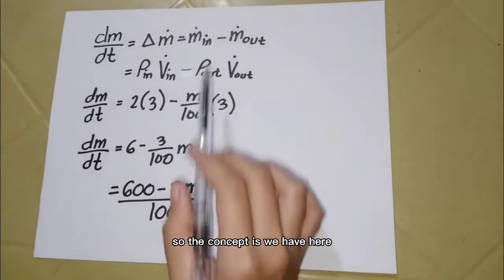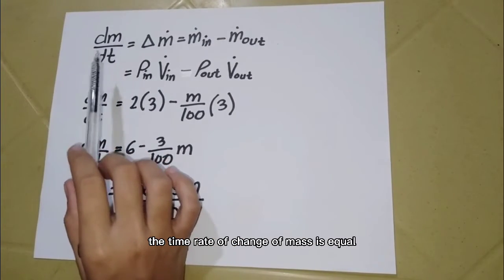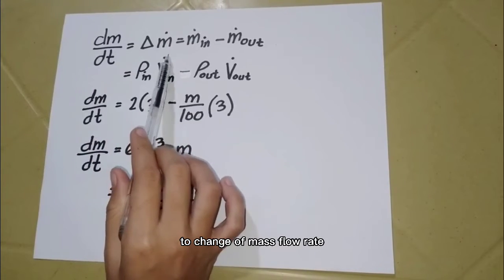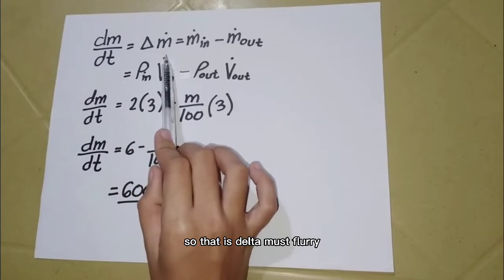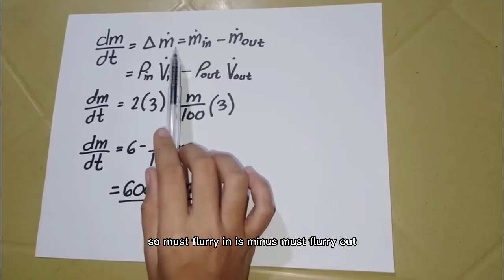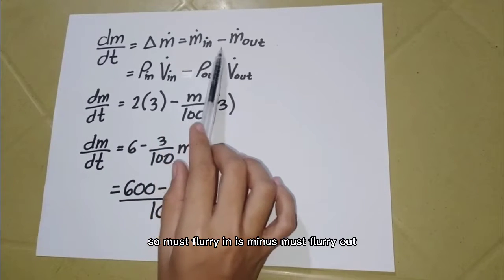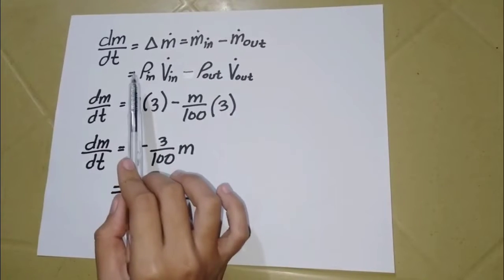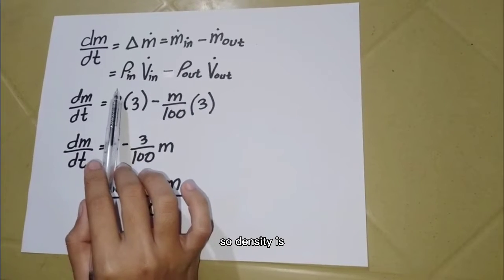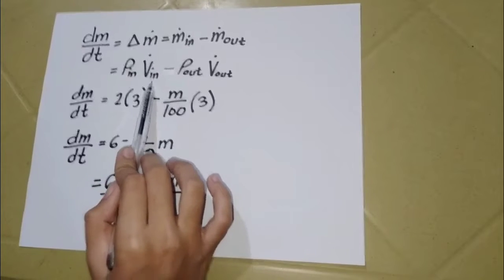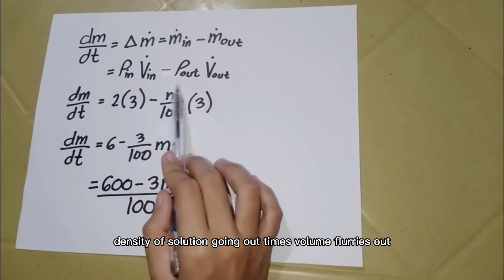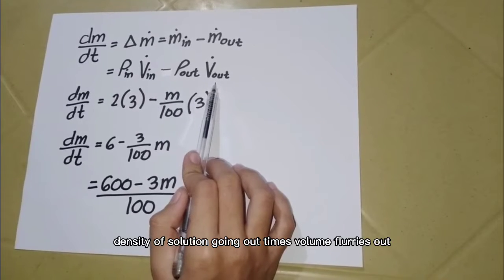So the concept is, we have the time rate of change of mass is equal to the change of mass flow rate, that is mass flow rate in minus mass flow rate out. So density in times volume flow rate in minus density of solution going out times volume flow rate out.